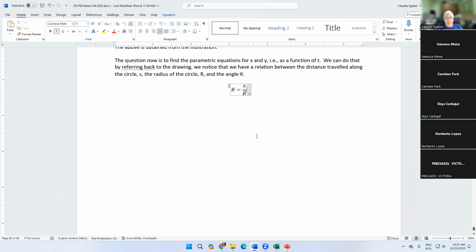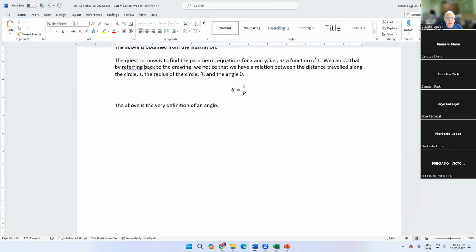What comes next is even more interesting. I just erased that, right? Because I want you to think a little bit about that. It's even more interesting because don't forget, travel along the circle. The above is the very definition of an angle.